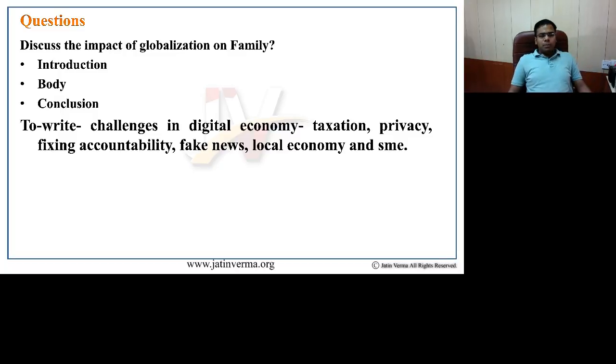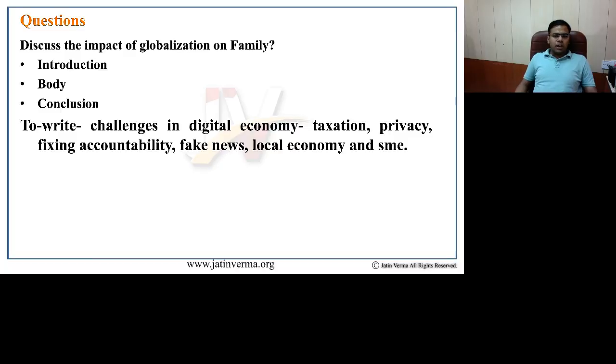So in the body, I would talk about various types of impact that have occurred. The prominent impact when it comes to family has been the change from joint family to nuclear family. Yet again, you have to showcase the important paradox we have talked about, where structurally the family has become nuclear, however functionally it tends to remain joint still.